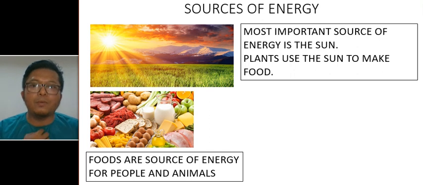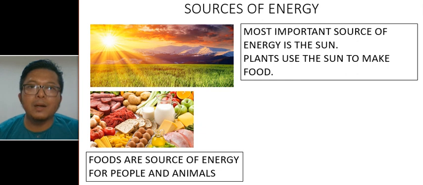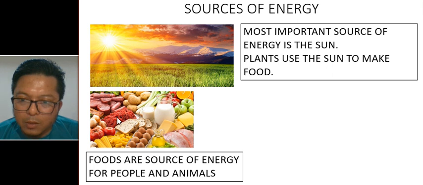Our source of energy is not the sun. We cannot use the sun and make energy. No, we cannot. We must eat. So we have energy. Now this type of fruit, like this one potato, and what is this? This is meat. Apple.